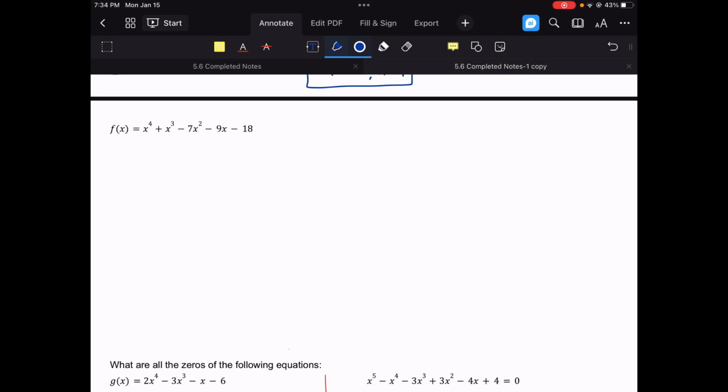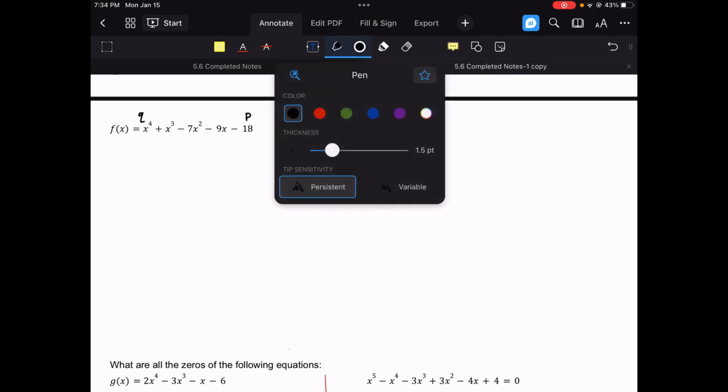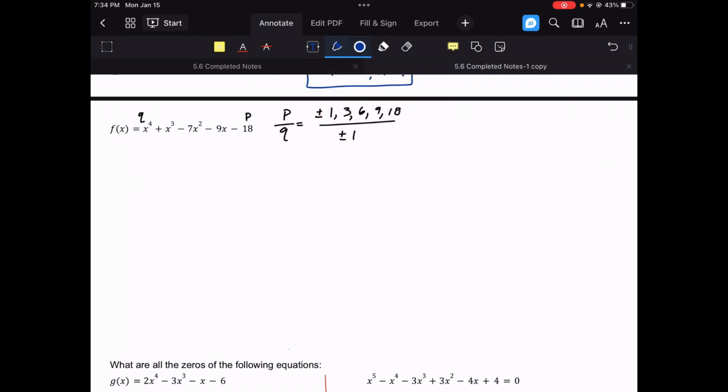So in this case, I'm going to quickly list out p over q. This is p, this is q, just to get an idea of what my rational roots might be. So p would be plus or minus 1, 3, 6, 9, and 18. Q would just be plus or minus 1. And so then when I go into the calculator and look at this graphically, I should get that I have 2 rational roots that kind of stand out in this case.